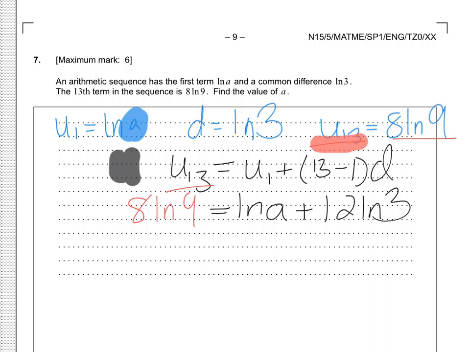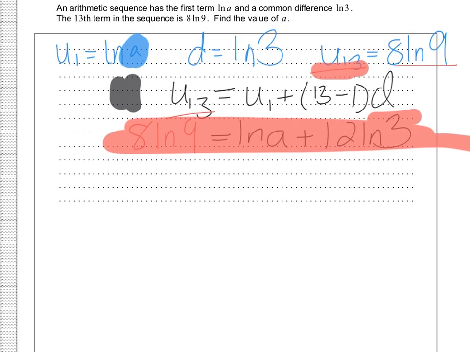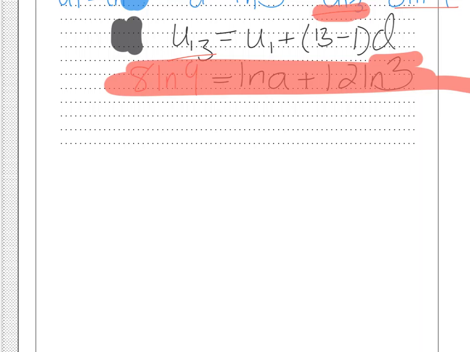So that's all the knowledge really of sequences that we need to apply. And now it's just a question of, can we solve this equation for A? And we have to use our log laws. So let's take the 12 ln 3, let's subtract that from both sides.